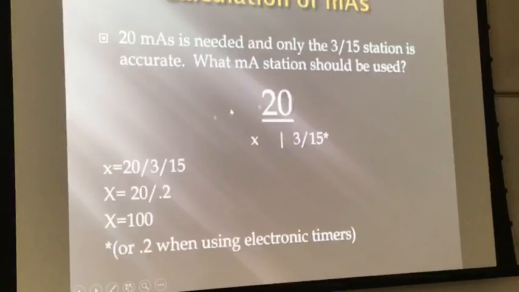So that would be the same as dividing 20 by 3/15 of a second. 3/15 of a second is the same as 0.2. So 20 divided by 0.2 would be 100. I find it easier to calculate by changing a fraction to a decimal than working with the fraction itself.